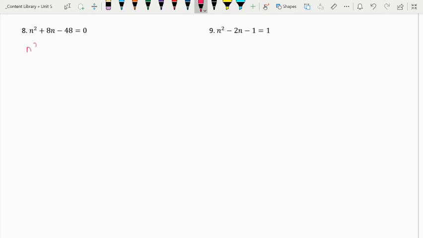So we have n squared plus 8n plus 1 equals positive 48 plus 9. If you do 8 divided by 2, you get n plus 4 squared. And if you square 4, you get 16. Right? If you add 48 and 16, you end up getting 64.